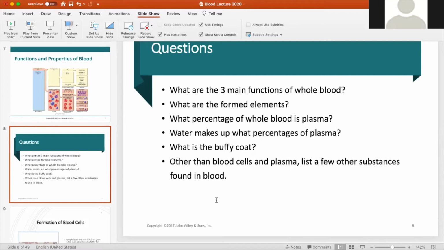One more. All right, so nutrients, hormones, and waste are all found inside of the plasma.